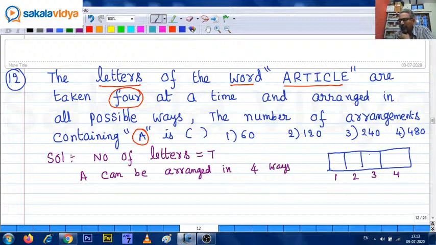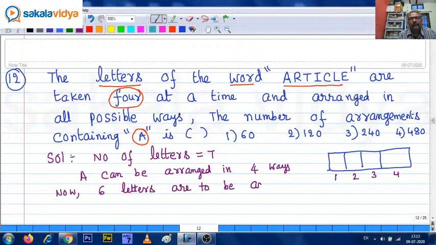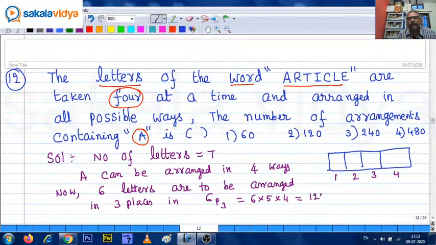After A has been arranged, we are left with 3 places and 6 letters. Therefore, 6 letters are to be arranged in 3 places, in 6P3 ways. 6P3 is 6 into 5 into 4, which is 120.